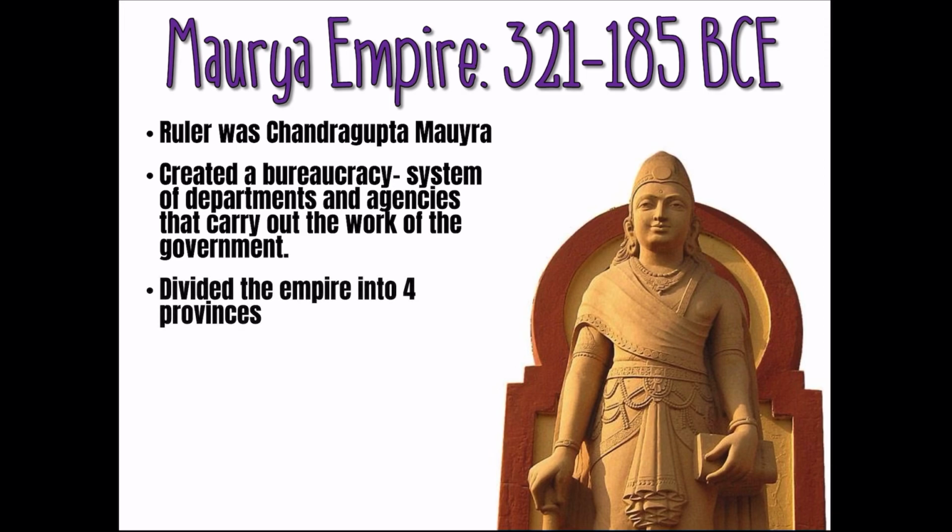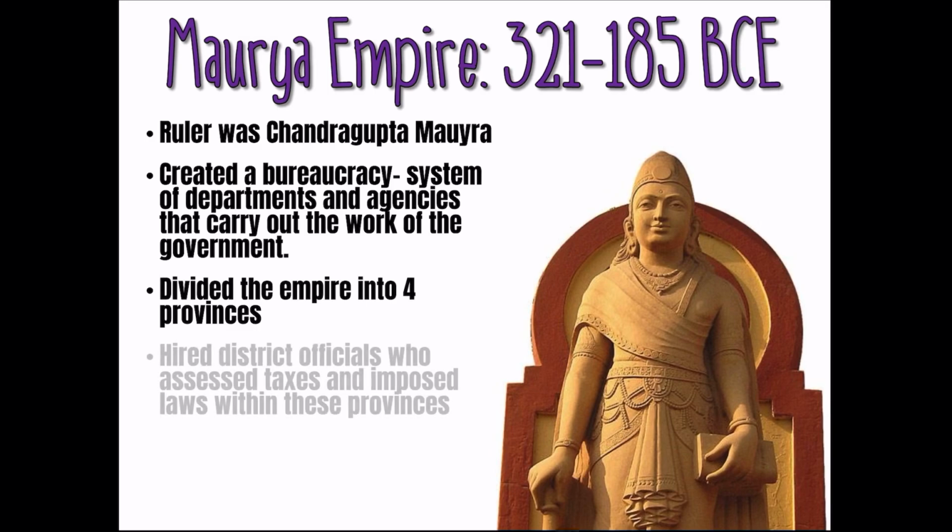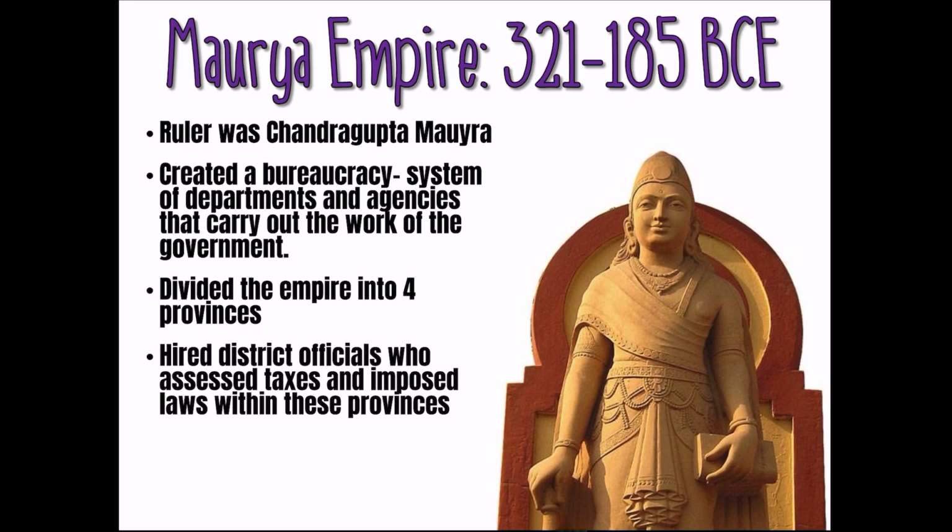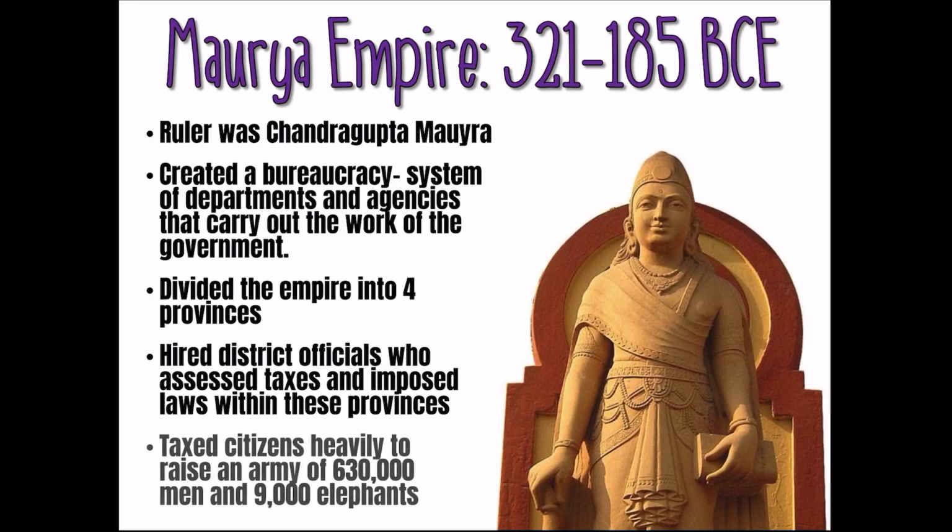He also took his very large empire and divided it into smaller parts called provinces. You can see a map of his empire on page 414. He hired officials who assessed taxes and imposed laws within these provinces, basically ruling for him. And then he also taxed citizens heavily to raise an army of 630,000 men and 9,000 elephants.